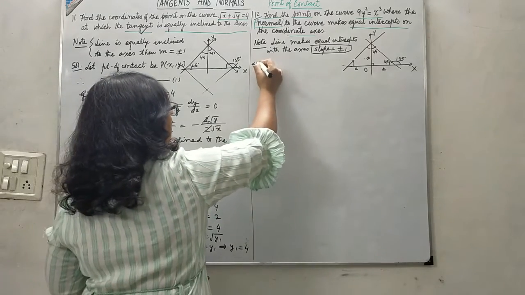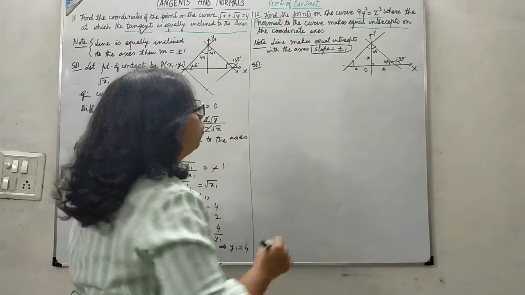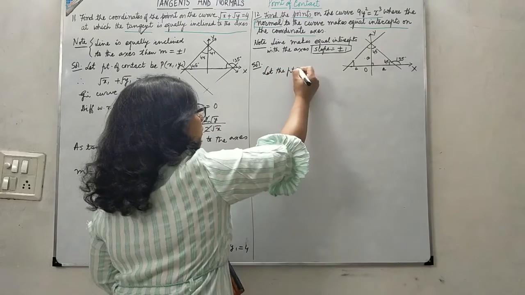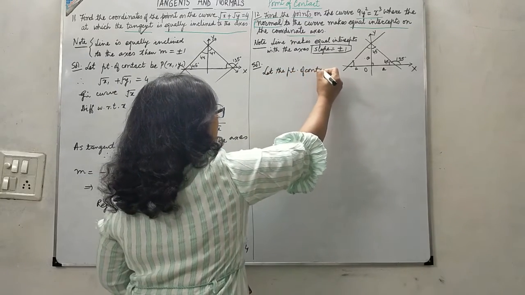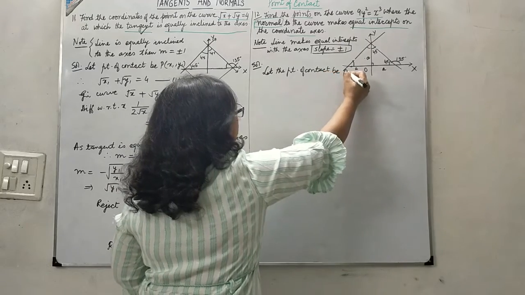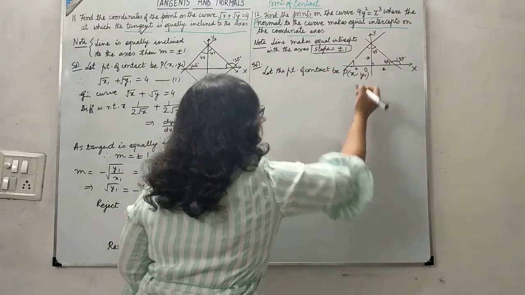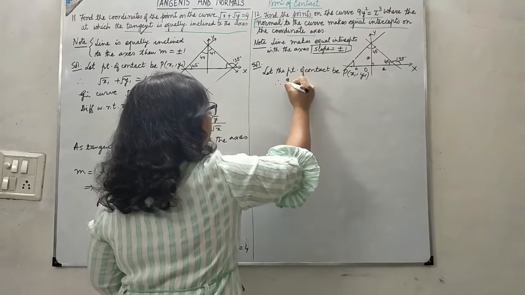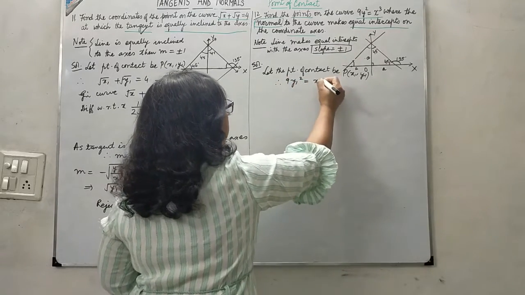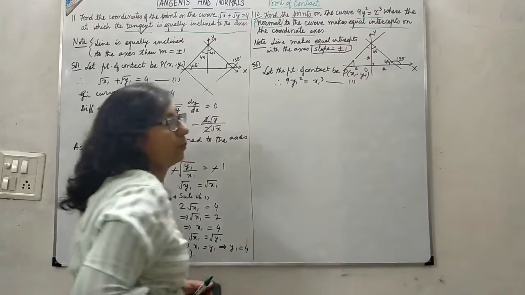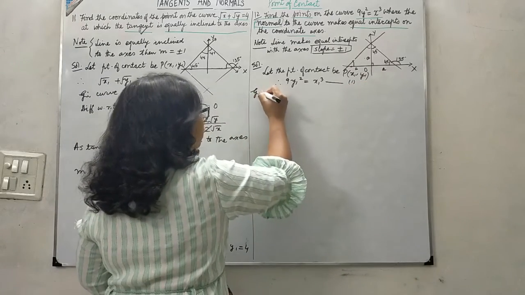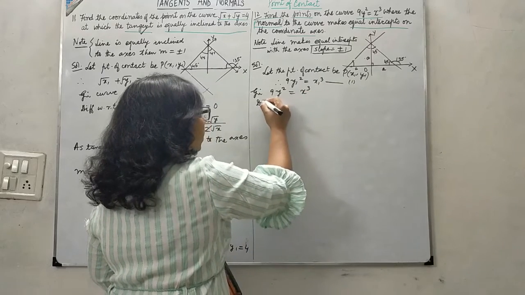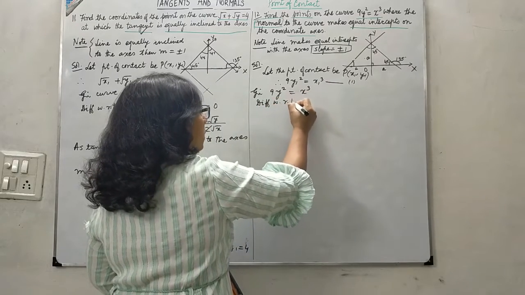Now, the solution for this question. Again you want to find the points. So let the point of contact be P(x1, y1). Now, the point lies on the curve, therefore 9y1 square is x1 cube, the first equation. Now, for the given curve, we will differentiate to get the slope with respect to x.